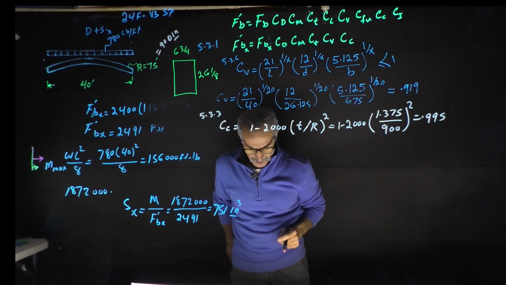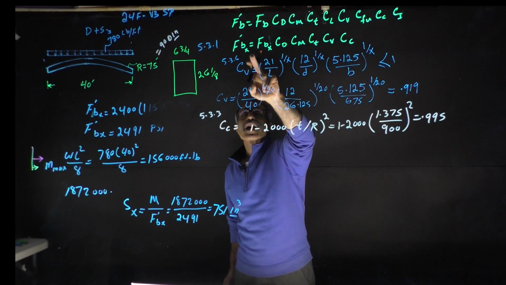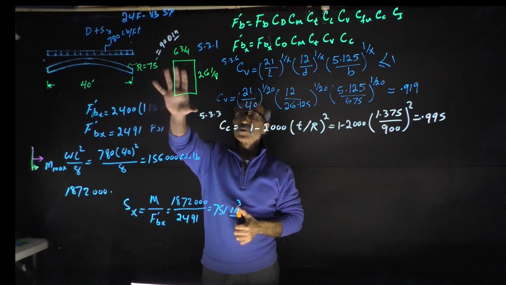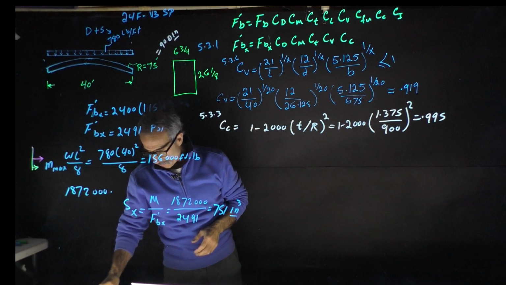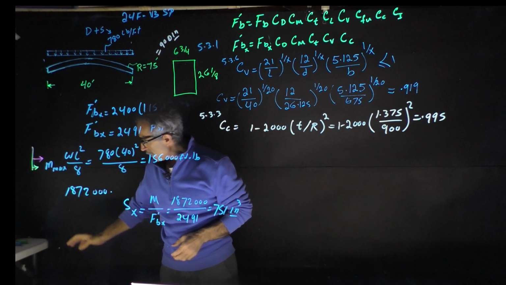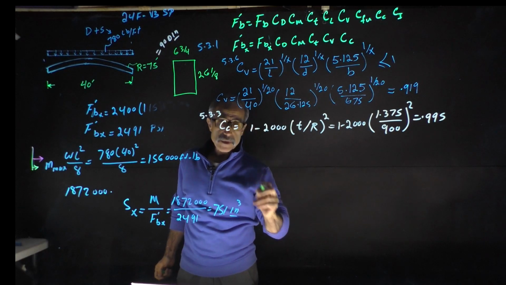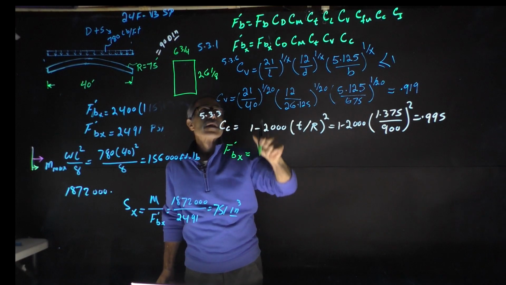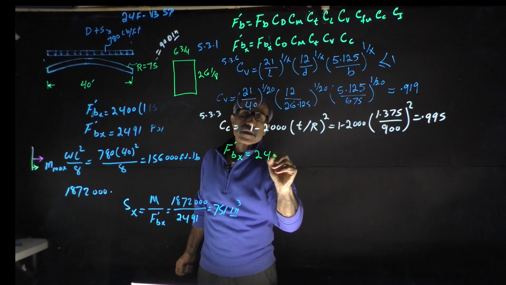Okay. Now we have found this factor and this factor. Let's find out what the actual FBX is. Here we guessed at it, and we came up with this number to size this. Now let's find out the actual value. Let me switch color again. Let's go back to green. So the actual value comes out to F prime BX, and we already have those, which was 2400, and that's from the previous step.